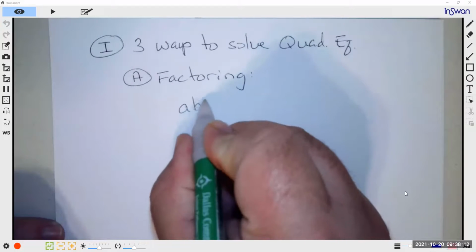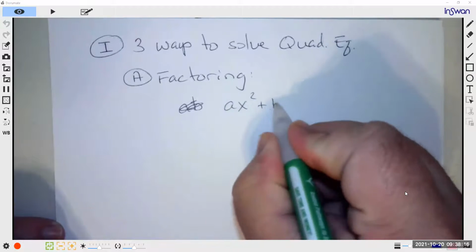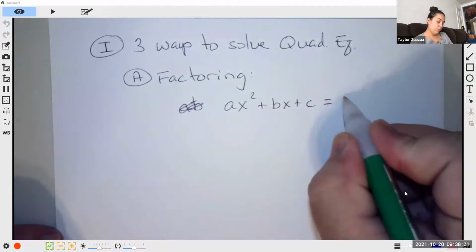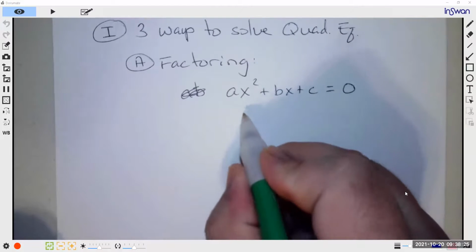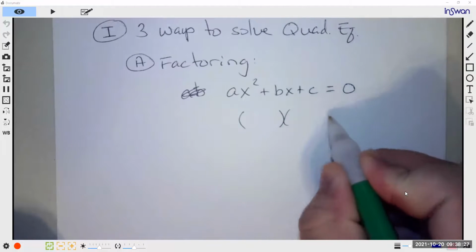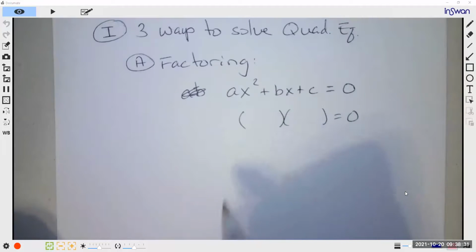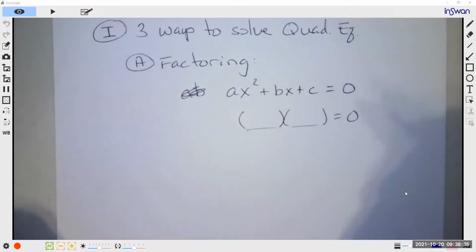Factoring is when we take a quadratic equation, set it equal to 0, and factor it into 2 distinct binomial terms.